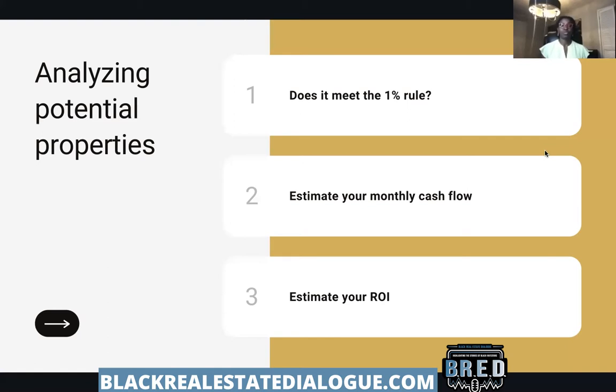So this is a good way to weed out the properties that you know for sure there's no point even going further looking at details. So that is a good first level. It's not the only metric to use, it's just a good elimination strategy to save time. So every time I look, if I'm looking for a buy and hold property, so now this is different.